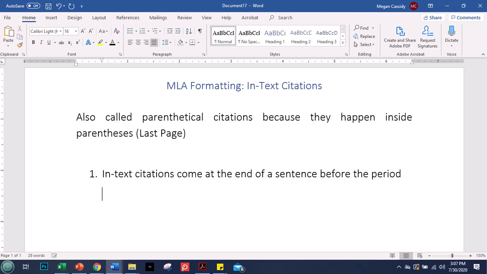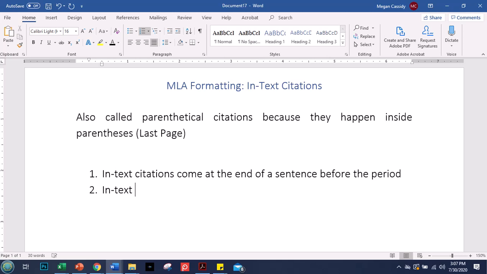There are other types of citation methods and formatting where they don't. They'll come after an author's name, but for our purposes, that's not how we are formatting things. So, after the sentence, but before the period.